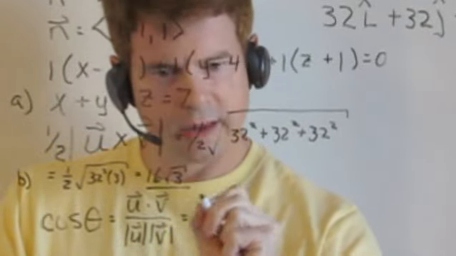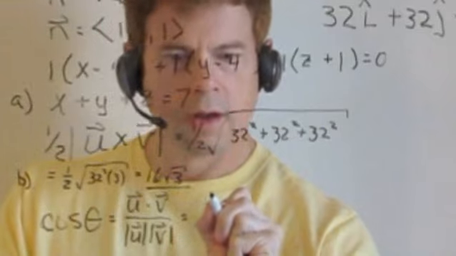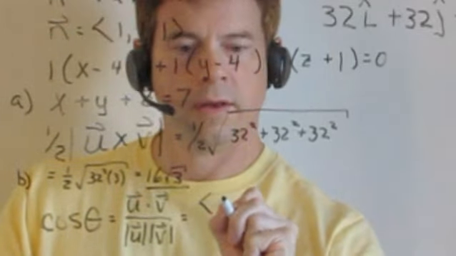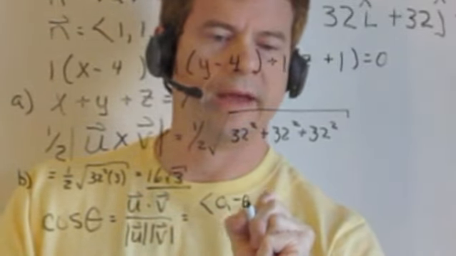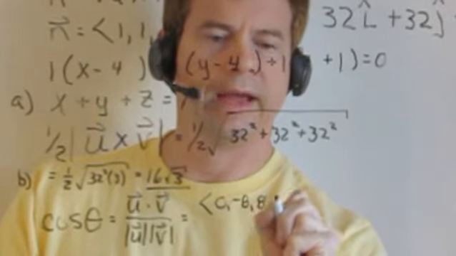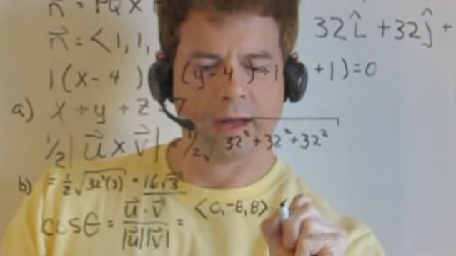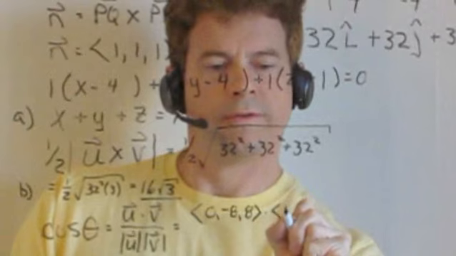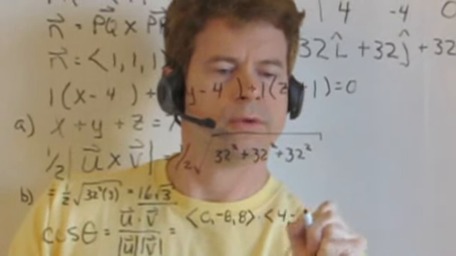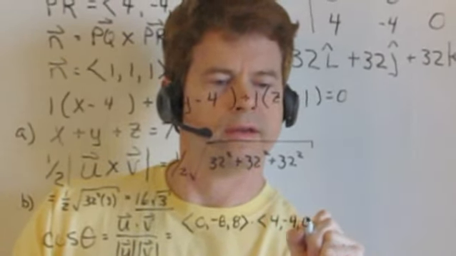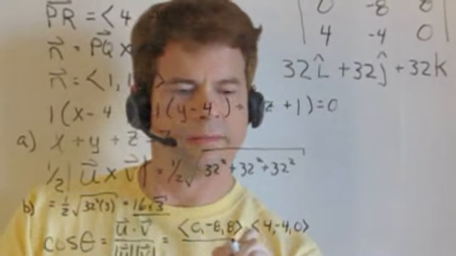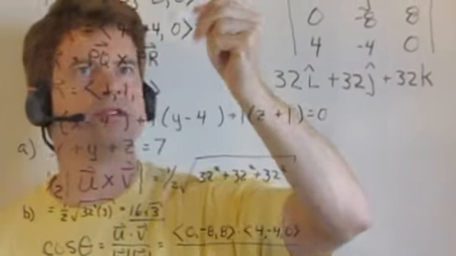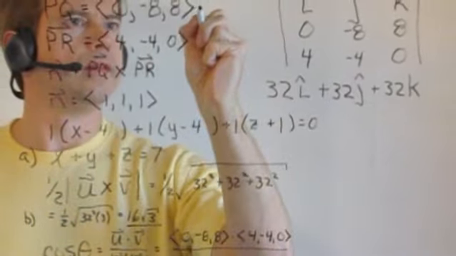So with this then, we've got our vector 0, -8, 8, dot 4, -4, 0. Now this is going to be over the magnitude. These magnitudes are similar in that they've got the same value.